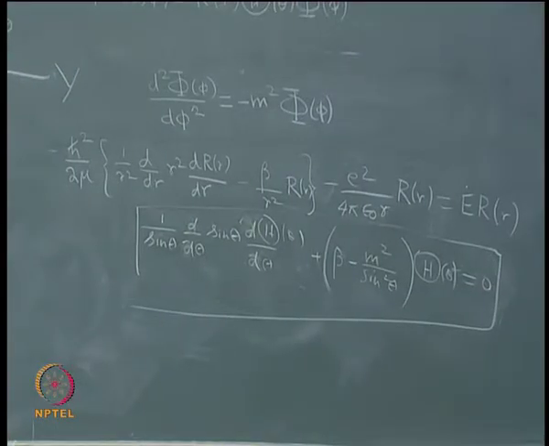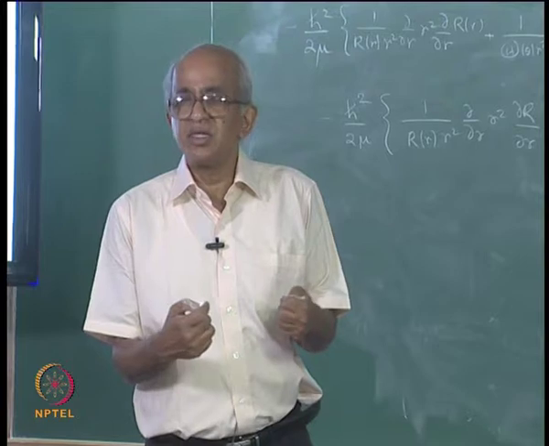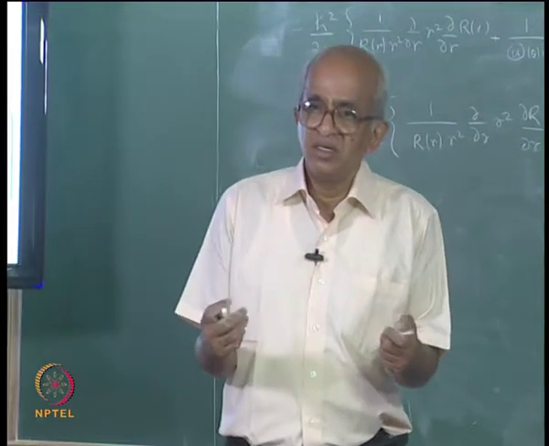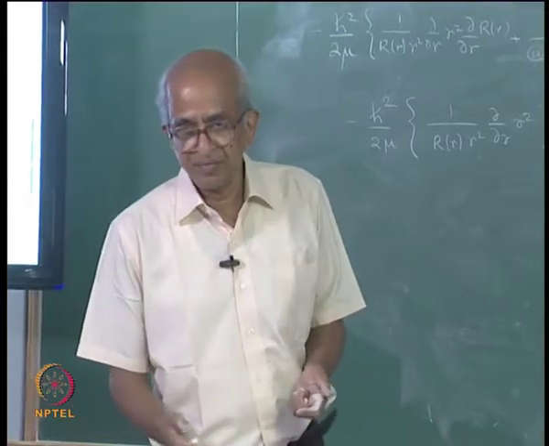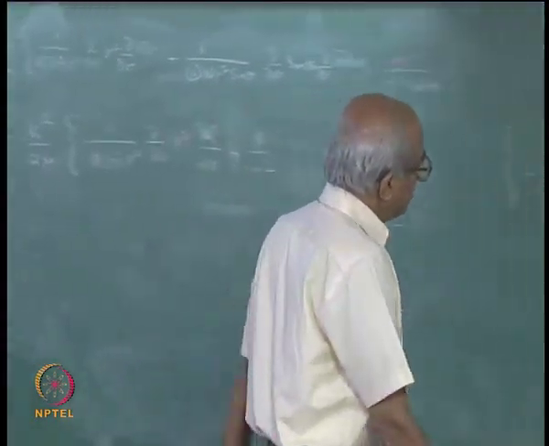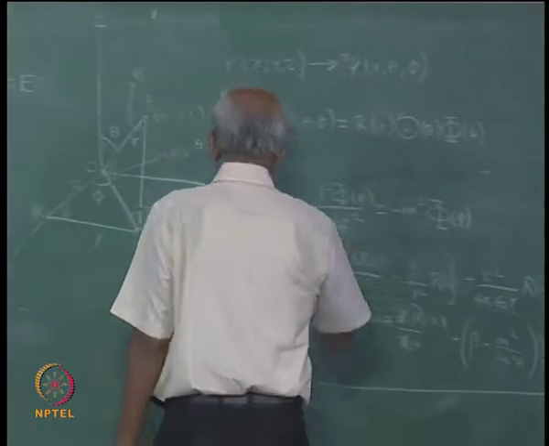Fine. So, we have arrived at 3 separate ordinary differential equations, and I would like to solve these 3 equations, and of course, any solution that I find will have to be acceptable. I mean, that is a condition that we have to impose. So, we start with the first equation because it is the simplest.